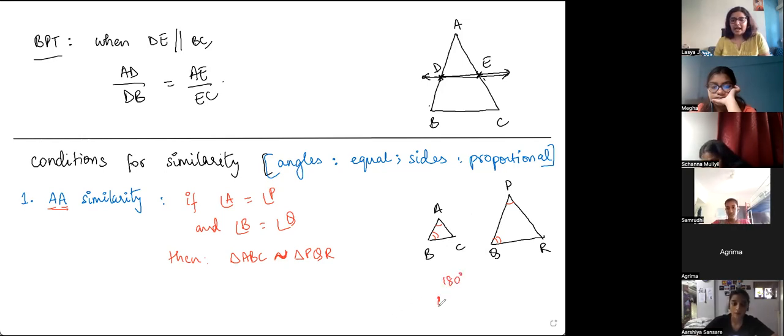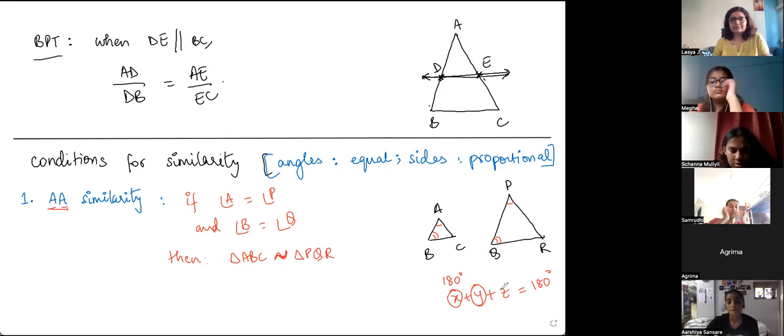Let's give random values: X plus Y plus Z, whatever they are, the three angles should sum to 180 degrees. So if there are two triangles, X is equal, Y is equal, what can you say about Z, the value of the third angle?